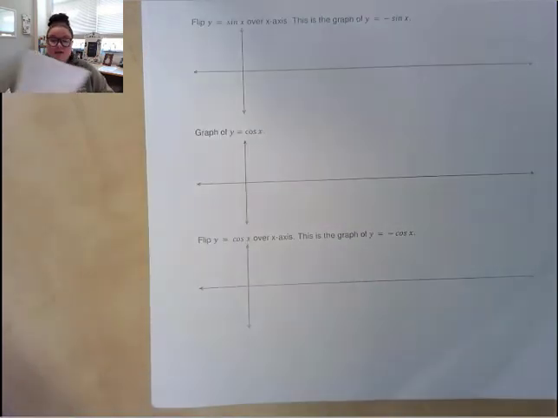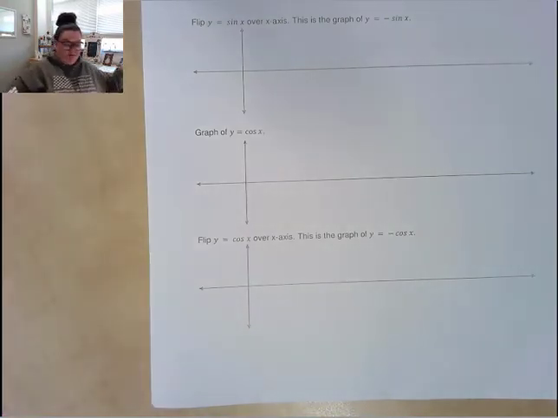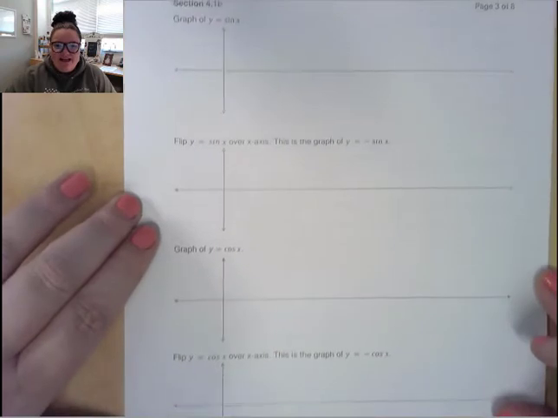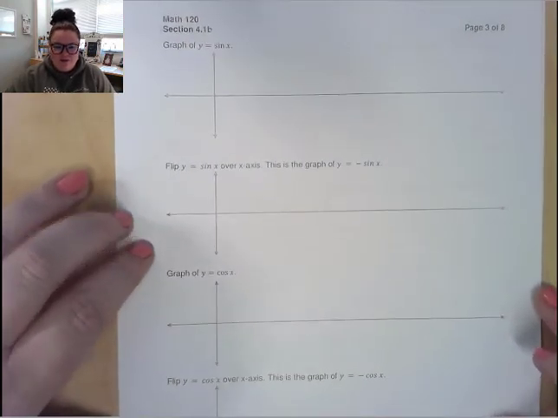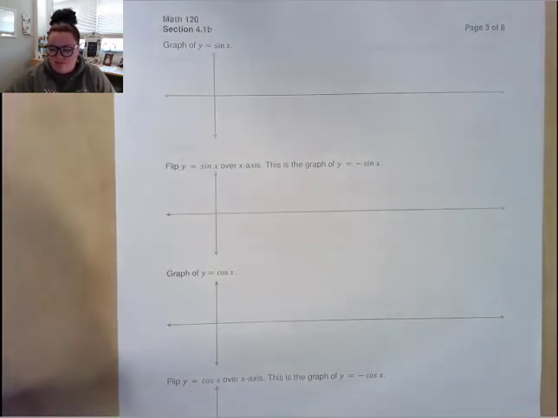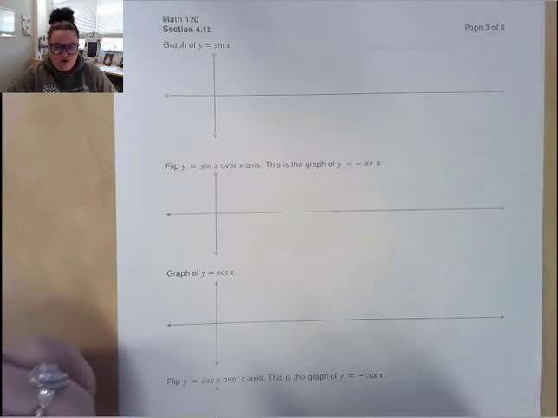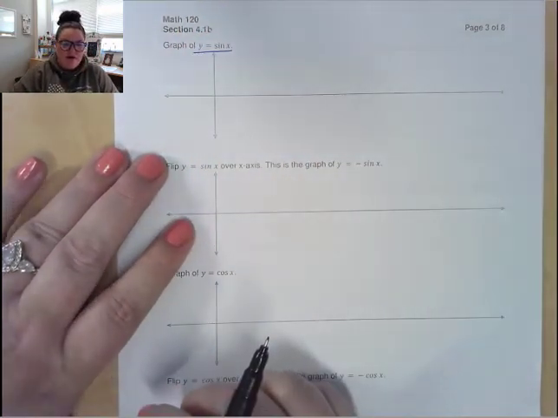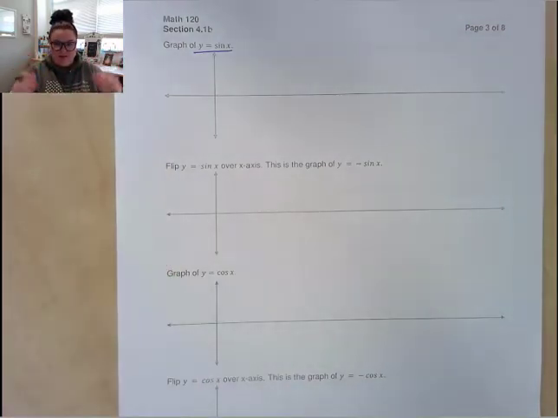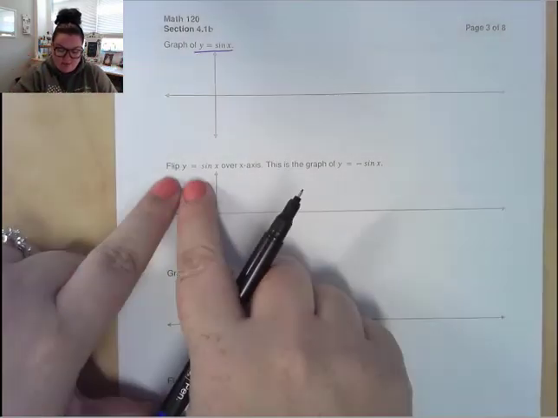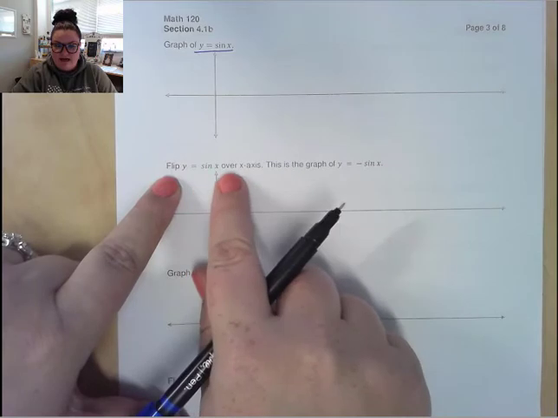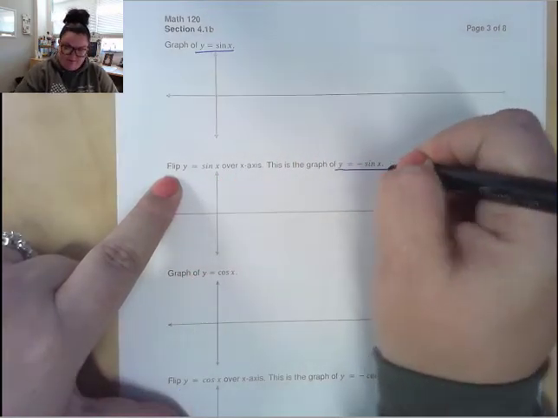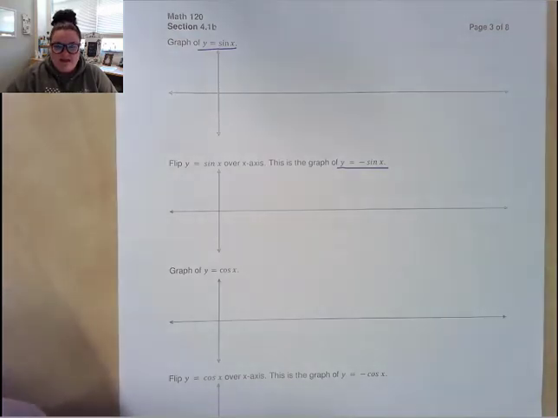Okay, so what I would like for y'all to do, just to kind of refresh off the last video, is I want you to try and graph these 4 functions. So notice this is sine x, okay? So that's a 2 pi period length. And then it wants you to flip sine x over the x-axis to get the graph of negative sine x.